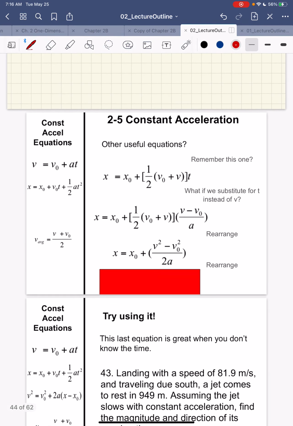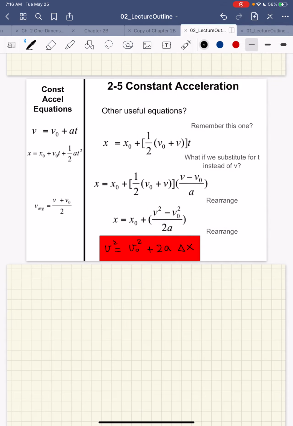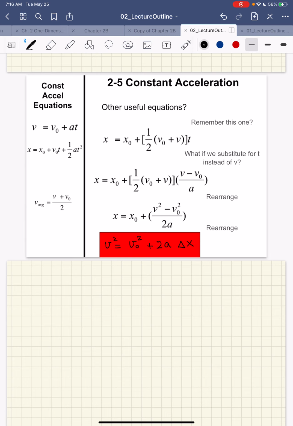All right, now I can build another equation, and we can rearrange it as v squared equals v0 squared plus 2a times delta x. Again, these are the same variables that I used before. This is the final velocity, and it can be plus or minus.